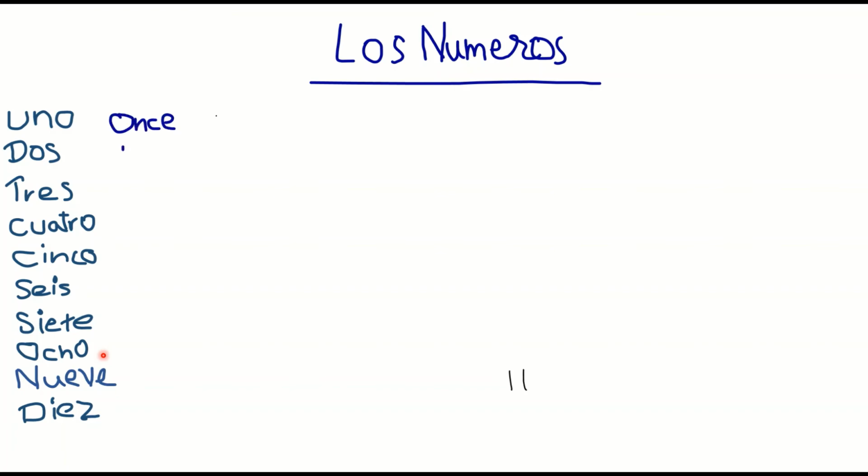Now we're going to start with 11 to 20. So first we are saying 11 to 15, and there's a reason behind it. We'll get there. It's 11, 12, 13, 14, 15.